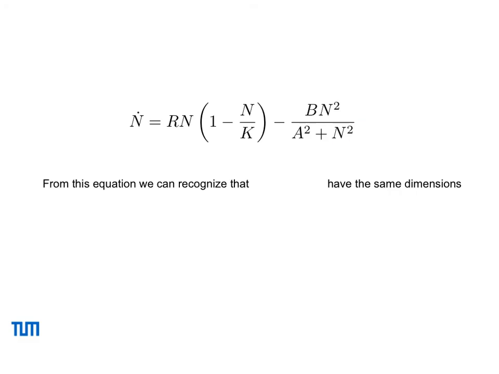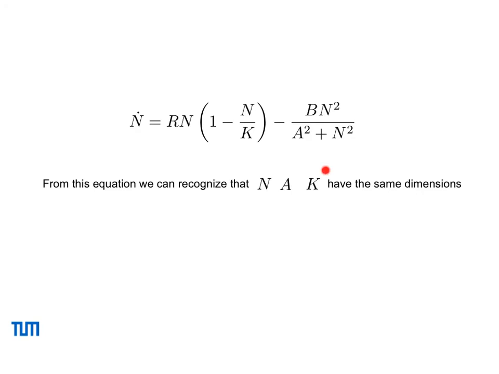Here you are summing two terms with the same units. This is how a sum is defined all the time. So it means that A has to have the same units as n. In the same way, we have this term here, and this term is dimensionless. Therefore, this term has to be dimensionless. In order for this to be dimensionless, k has to have the same units as n, so they cancel out.